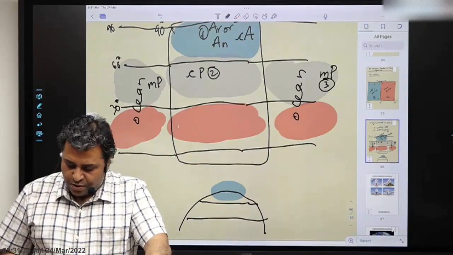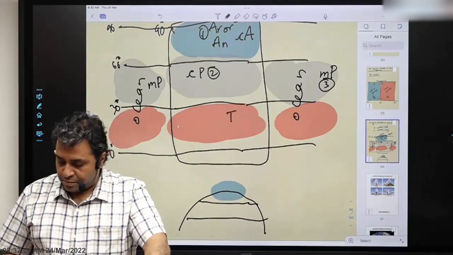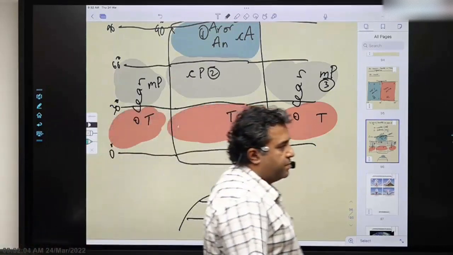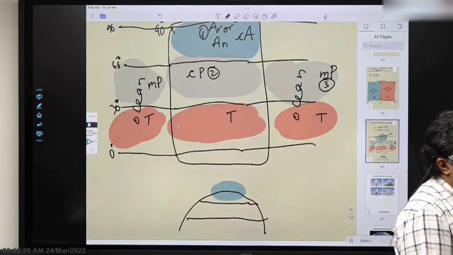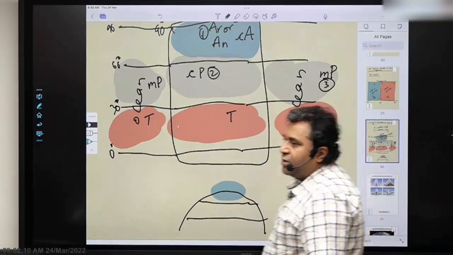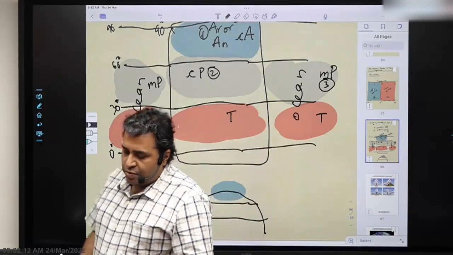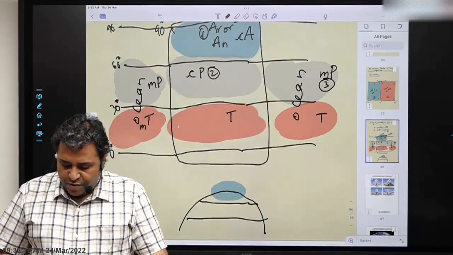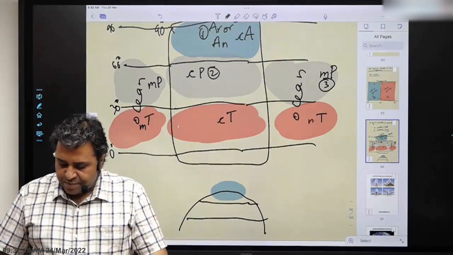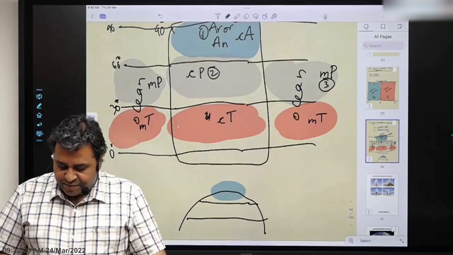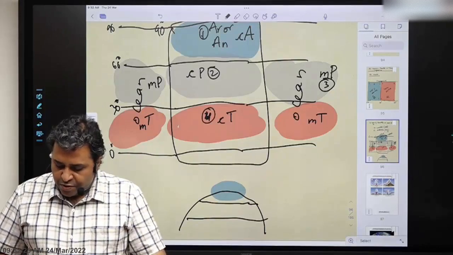So what do we call tropical air mass? 30 degree and less. We call it as tropical air mass. ठीक है? Clear? And tropical air mass can also be oceanic or continental. So what will we call? The one over ocean is maritime. The one over continent is continental. Something like this. So how many more air masses done? 2 more. So total कितना हुआ? 5.